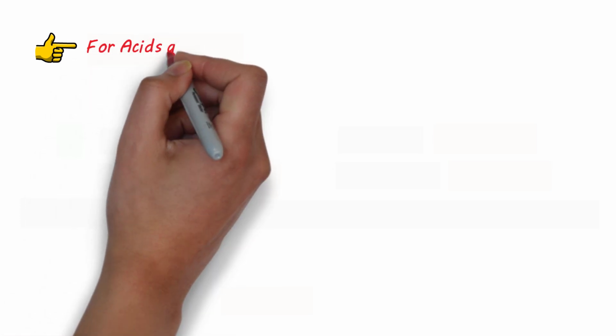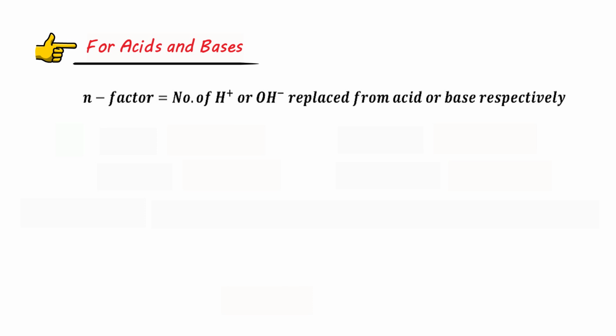Now, for acids and bases, N factor is equal to the number of H+ or OH- replaced from acid or base respectively. For example, for HCl, N factor is equal to 1 since there is only one hydrogen to be replaced.